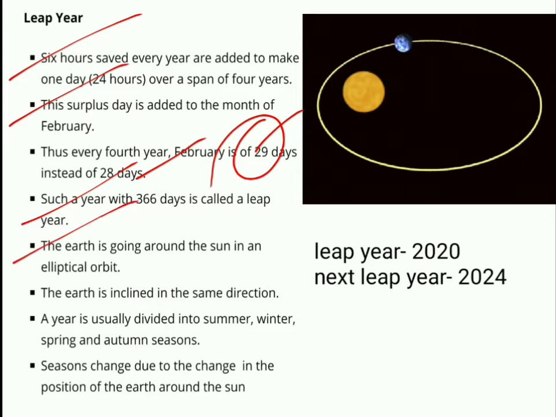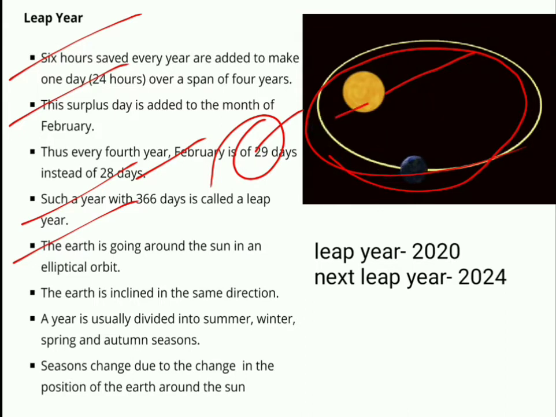The earth is going around the sun in an elliptical path. So what is the elliptical path? The earth is sometimes far away from the sun and sometimes nearest to the sun. So this oval shaped path is called the elliptical orbit. It is not a spherical shape of the orbit.